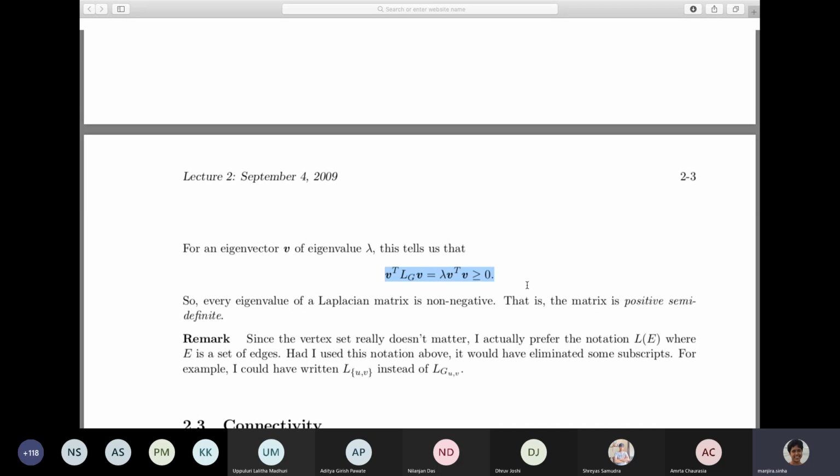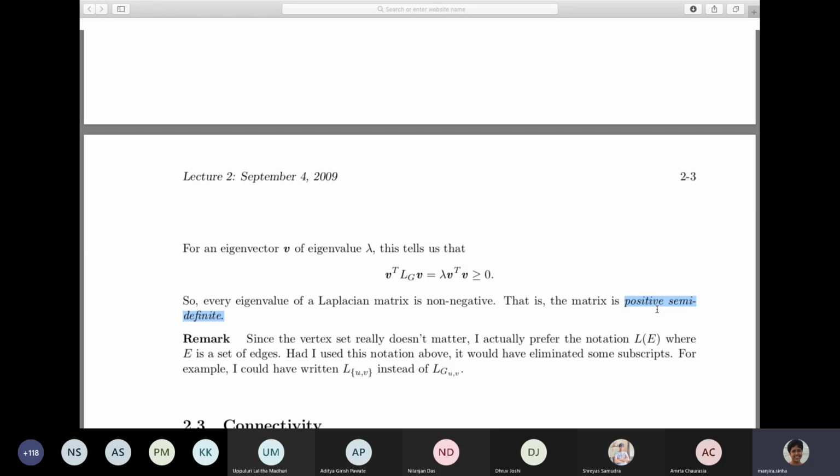These kinds of matrices are called positive semi-definite matrices. So the Laplacian is a symmetric matrix, and all the eigenvalues of the Laplacian matrix of a graph are non-negative. That is why the Laplacian is called a positive semi-definite matrix.